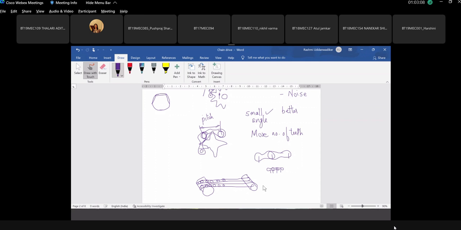Can you see 7.71? We are referring to the PSG design data book. Bush chain is shown, roller chain is shown, a simplex chain is a single layer, a duplex chain is shown, and a triplex chain is shown. How do you denote simplex, duplex, and triplex as given in the data book?